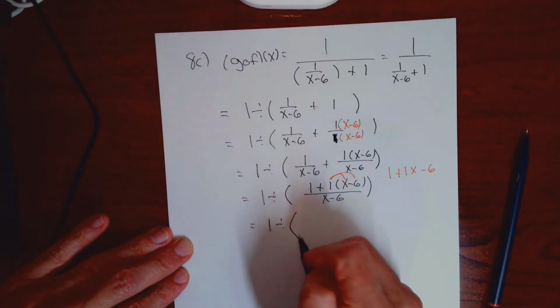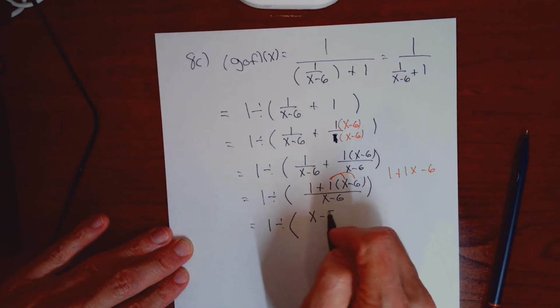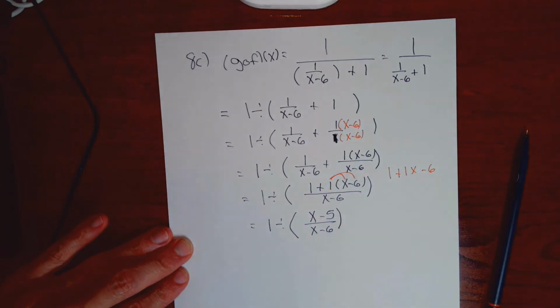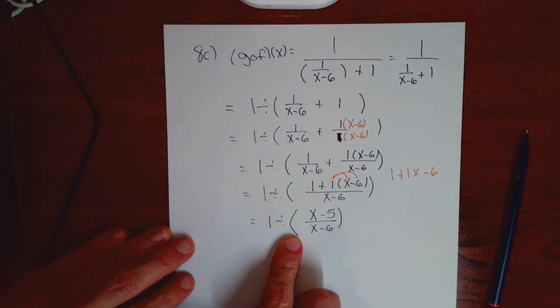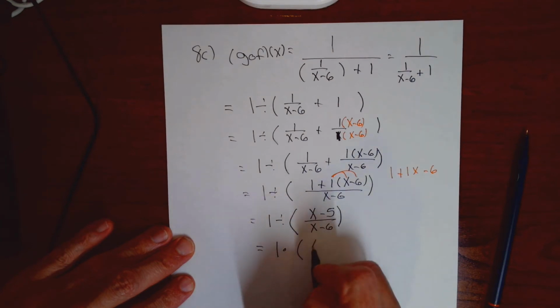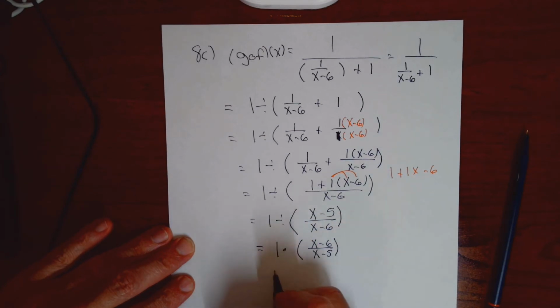You get 1x, which is just x. 1 minus 6 is negative 5. Now, it's a division with a fraction. I'm going to change it to a multiplication. When you're dividing with a fraction, you can invert and multiply. And 1 times anything is itself. The answer to part C. This is the function that I need.